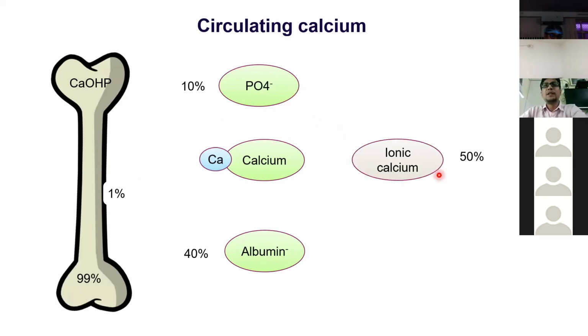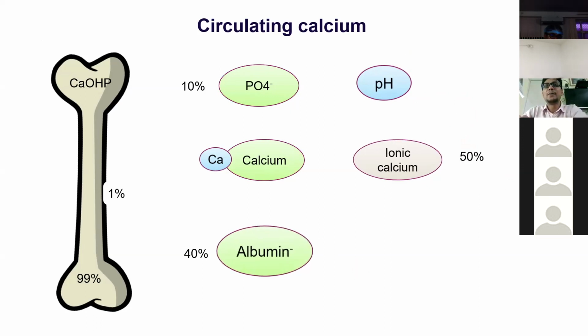And only this 50% is our ionic calcium, which is available for metabolism. It is dependent on pH. If there is alkalosis, calcium binds avidly with albumin, and there is less ionic calcium available.